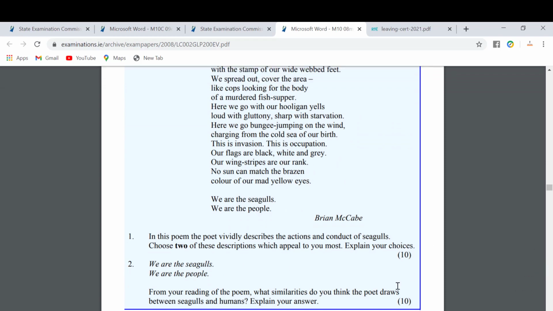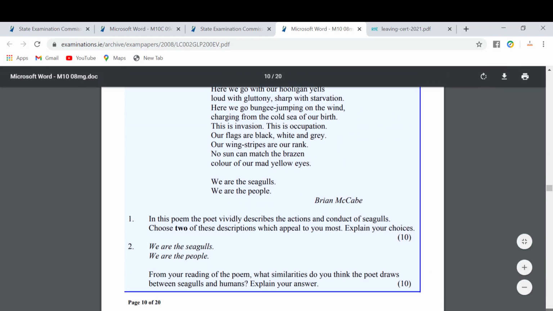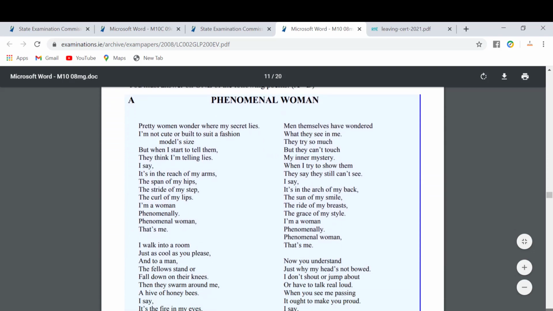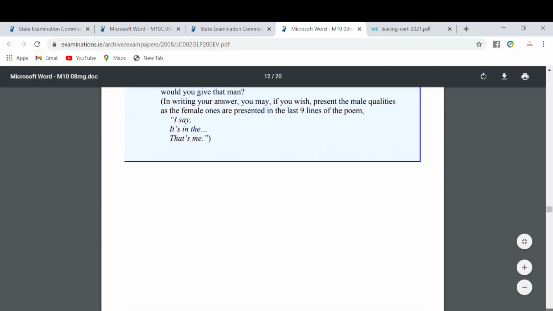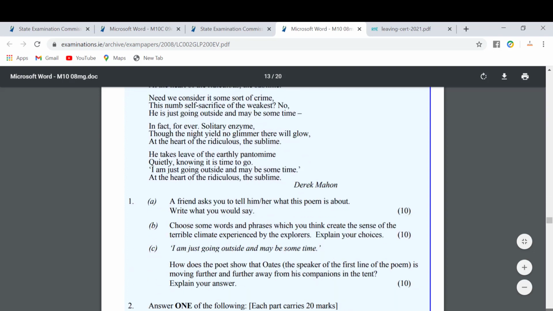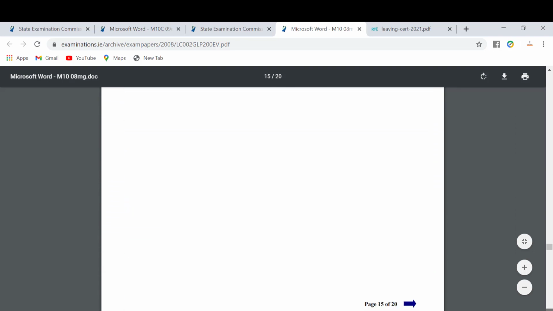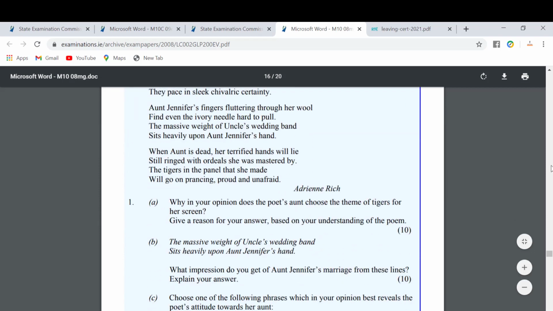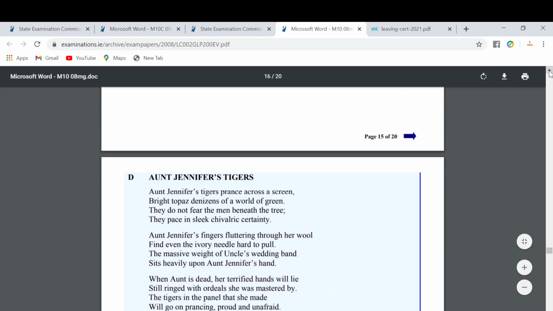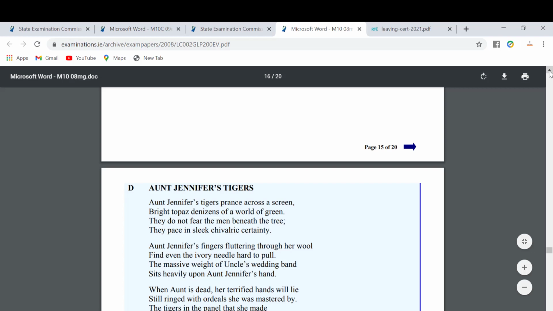Now, in previous years, there were always 4 poems following this, with questions following. Okay, so 1, 2, 3, 4. However, this year there will be 6 poems following, and you just have to choose one.